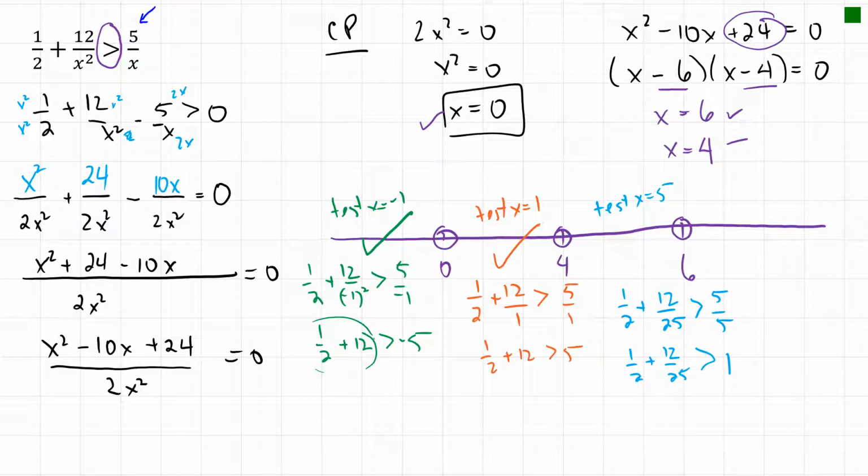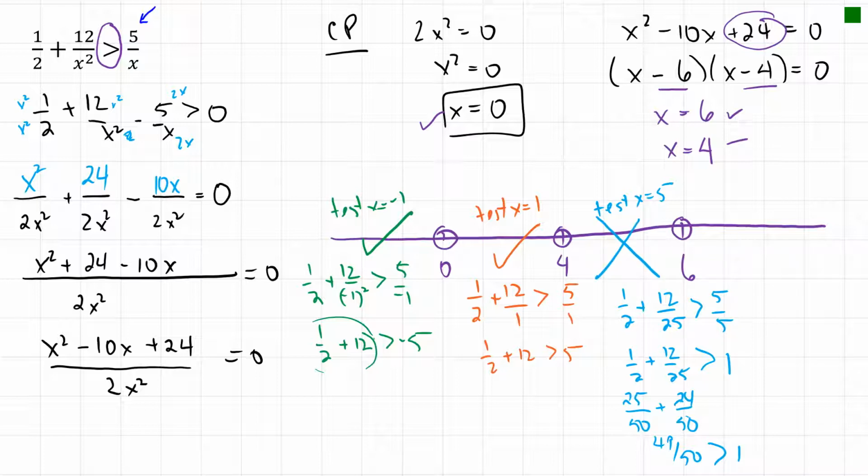So if I write this as a common denominator, I have 25 over 50 plus 24 over 50, which is 49 over 50. And is that greater than 1? No, that's false, so it does not work in this section.